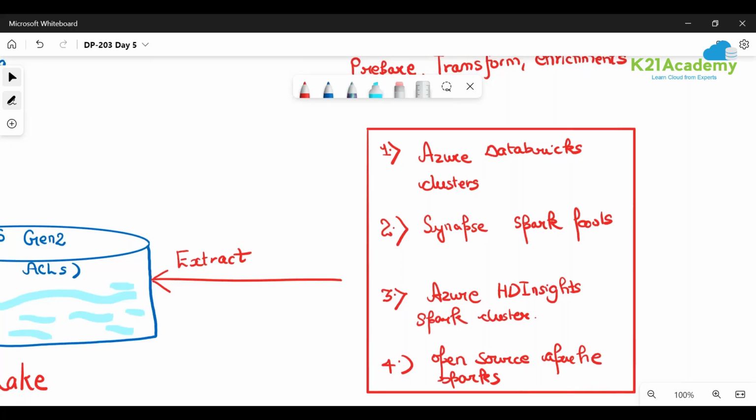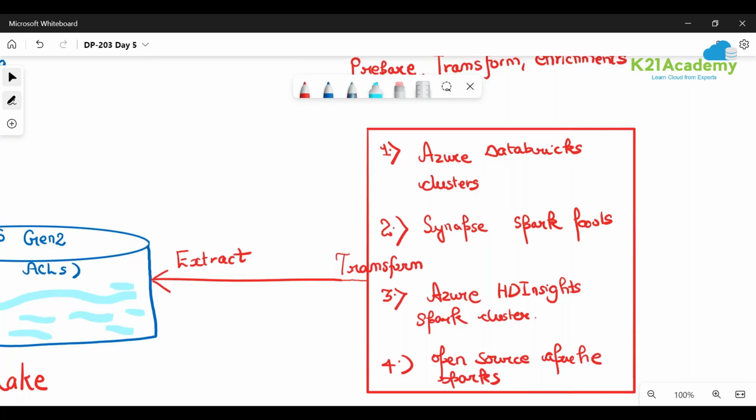So we're going to extract the data and use a parallel distributed processing paradigm, which is Spark, and all of them give you Spark. So we do this in this extract and then transform.